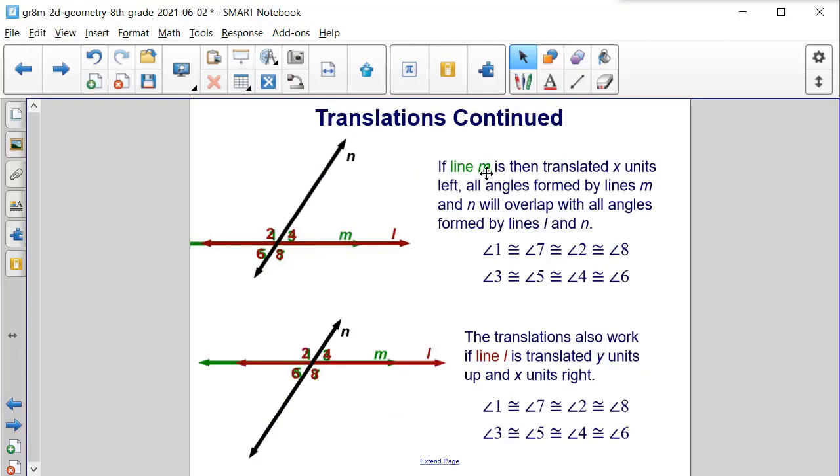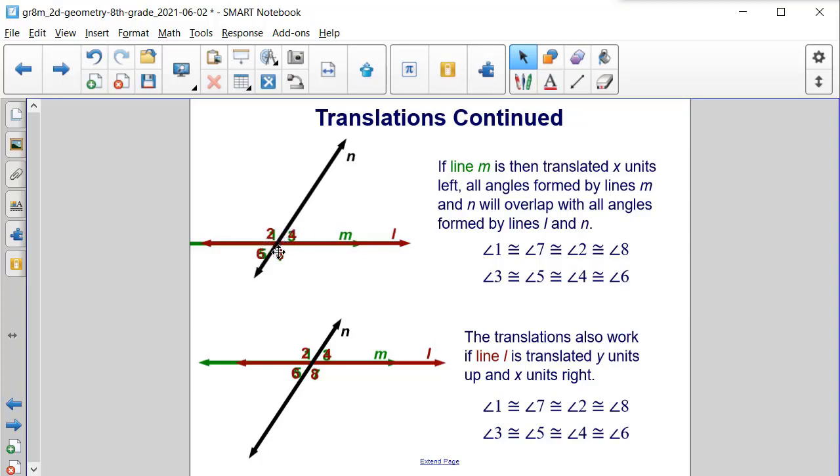And if line M is then translated x units to the left, all of the angles that are formed by lines M and N will overlap with all the angles formed by lines L and N. This will make angle 1 congruent to angle 7, congruent to angle 2, and angle 8.